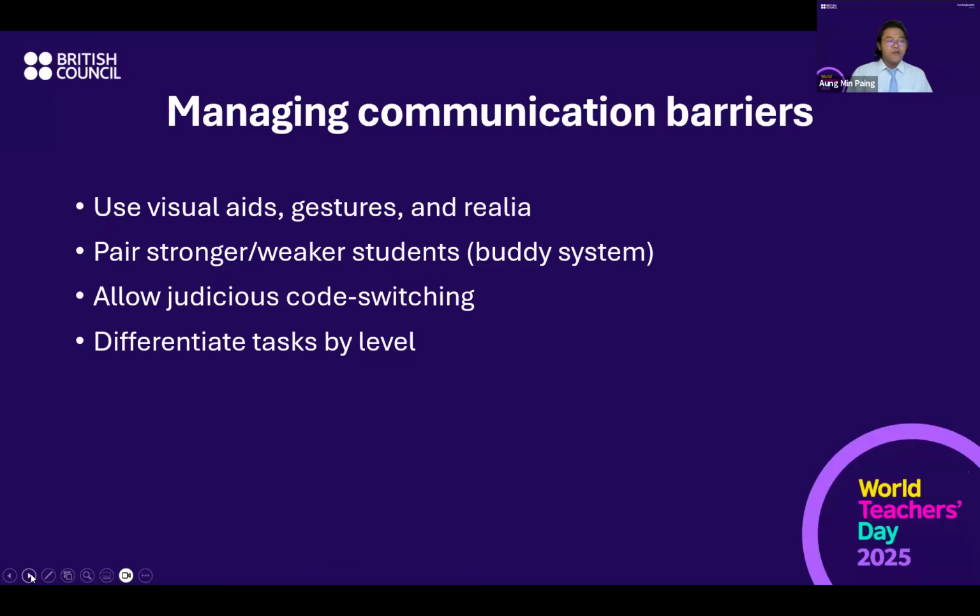Next one is different task levels. That's what I have mentioned repeatedly, differentiation. We sometimes need to use differentiated methods and scaffolding as well.